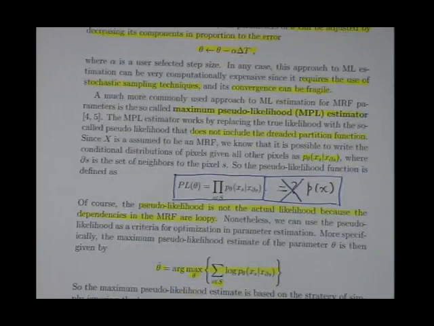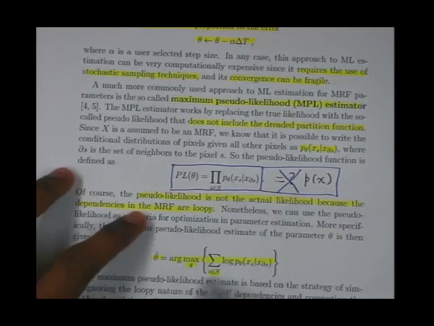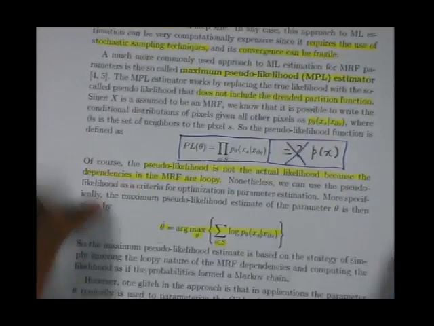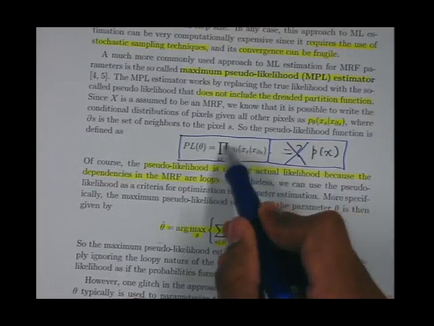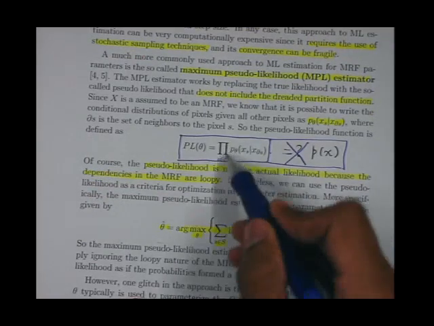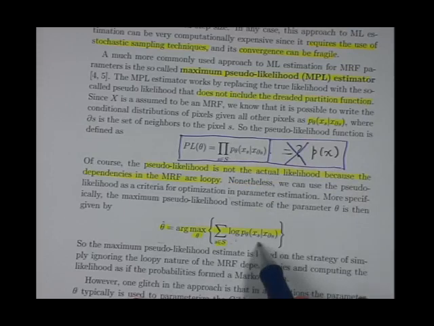So the pseudo likelihood is just another cost function we're going to maximize with respect to theta. If you go ahead and write the pseudo likelihood function, then theta hat is the maximizer of the pseudo likelihood, and it's a product over all these terms. So you just take the log and get a sum. It's a sum of the log of the conditional density of every pixel given its neighbors.